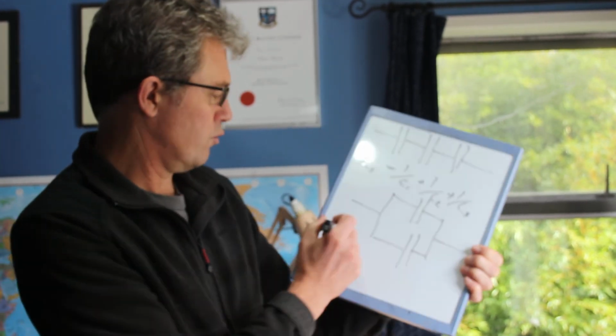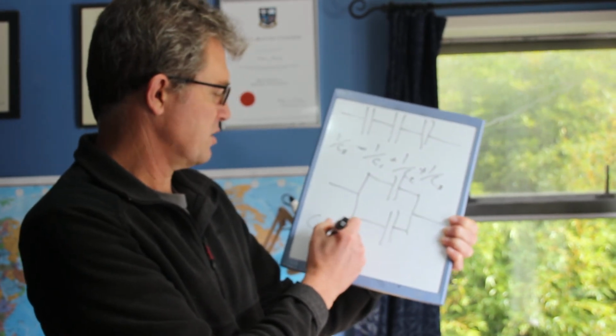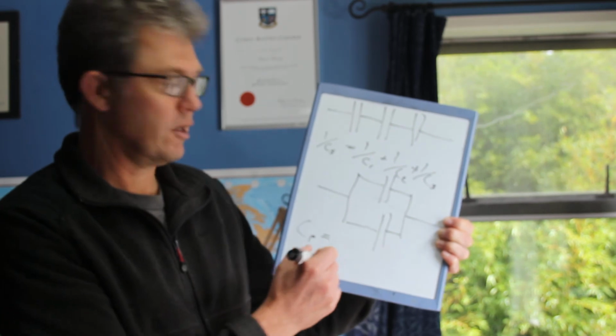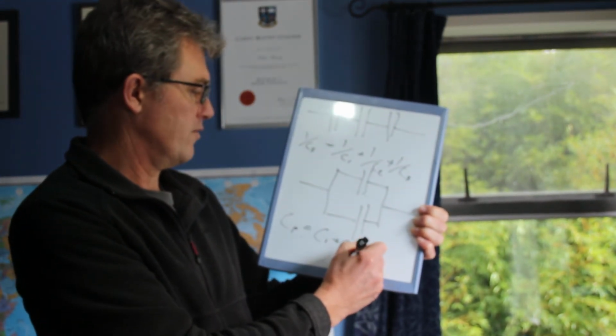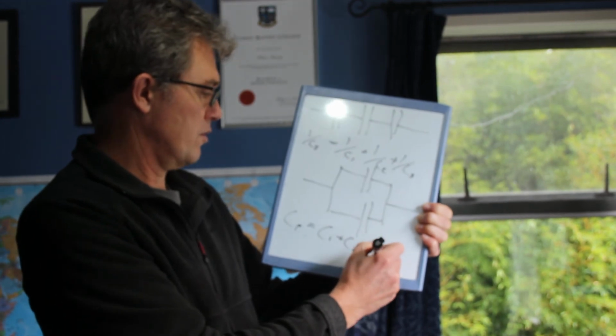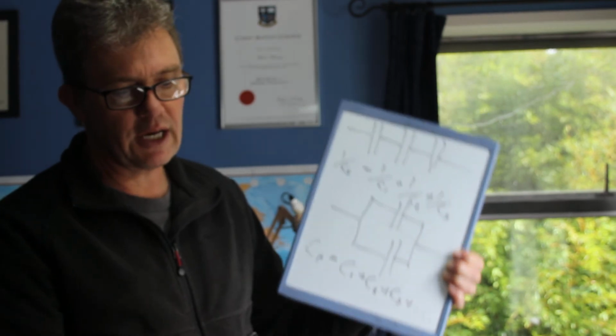So the capacitance of 2 capacitors in parallel just equals C1 plus C2. And if you've got more than 2, C3 plus, on we go. They just add together like that. Isn't that good? Now you understand.